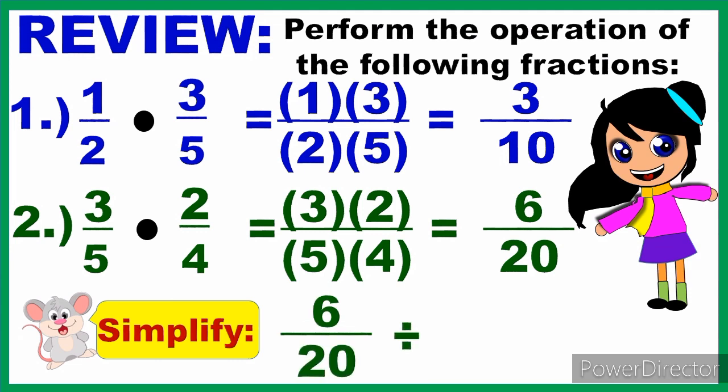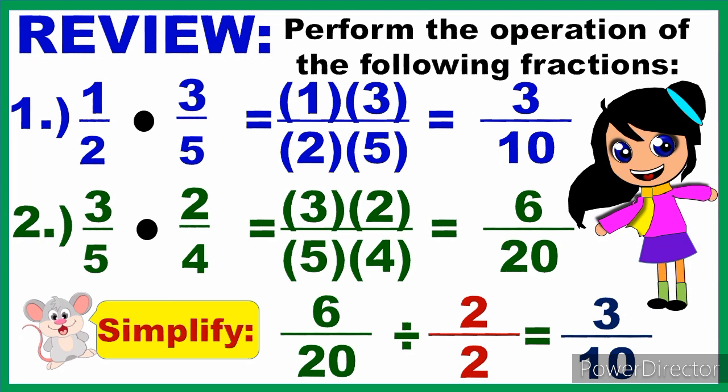So, yung 2 na yun, i-divide natin siya both numerator and denominator. So, we have 2 over 2. So, now 6 divided by 2 equals 3. And 20 divided by 2 is 10. So, the answer is 3 over 10. Kapag ang result ay may common factor, kailangan nating i-lowest term.